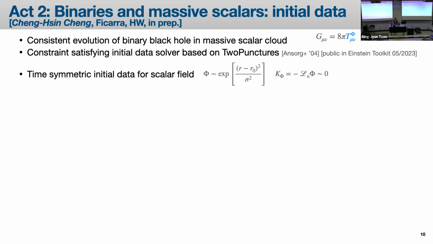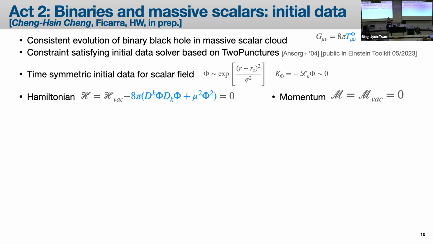So how do we go about this? We say, well, let's take a scalar field with a radial profile. We make it time symmetric. So we impose that its momentum is 0. That's an approximation, but it's usually a pretty good approximation. If we insert that into our constraint equation, then the momentum constraint is still the same as a vacuum momentum constraint. So that's good.